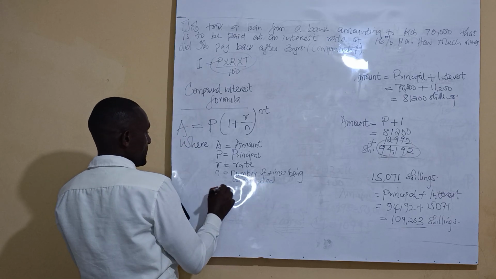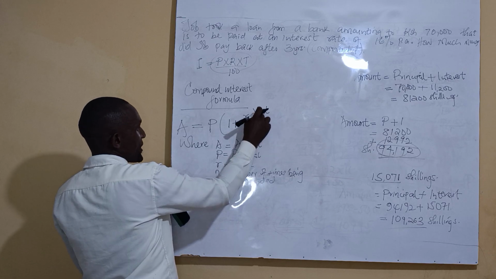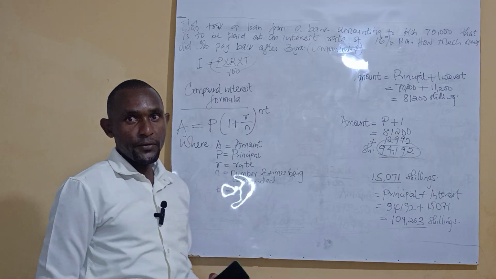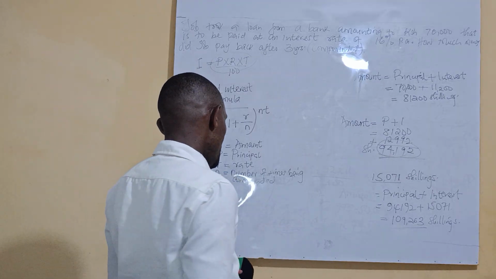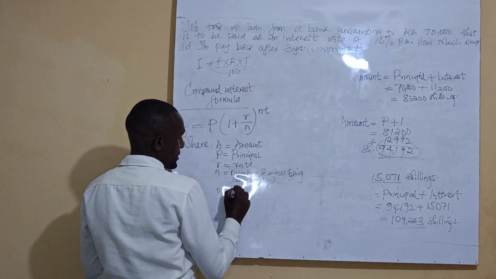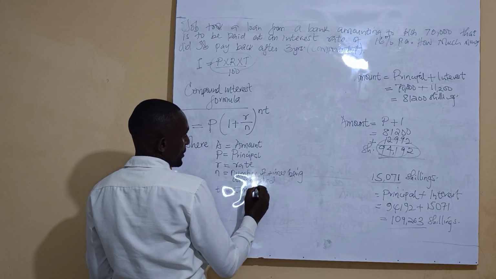And then T, because we already have N here and it is already explained, so it is not going to be different from that. T is the time or the period.